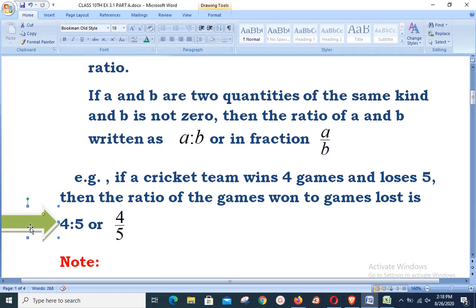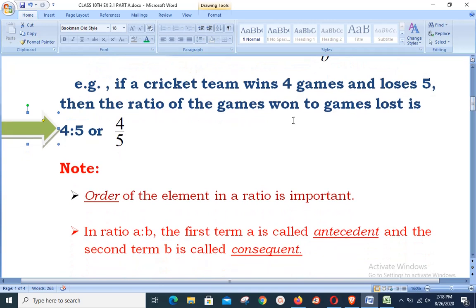Observe that the first item was 4 wins, it comes first, and the second was 5 losses, it comes second. This is called the order of the ratio. It must be maintained. Note number 1 says the order of the elements in a ratio is important. You cannot change first into second or second into first.